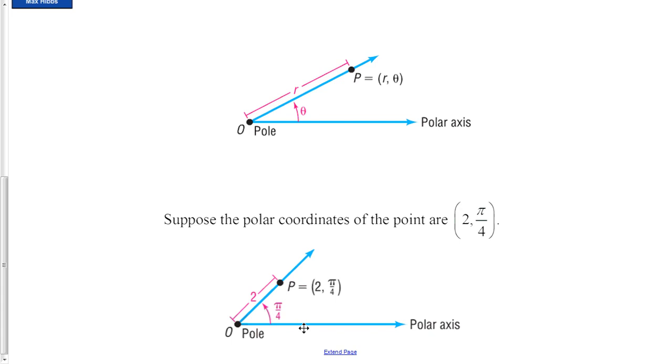So to plot this point, we measure the angle pi over 4, look at the terminal side of that angle, and then measure 2 units, that r amount, from the pole along the terminal side. And so we locate the point in that fashion.